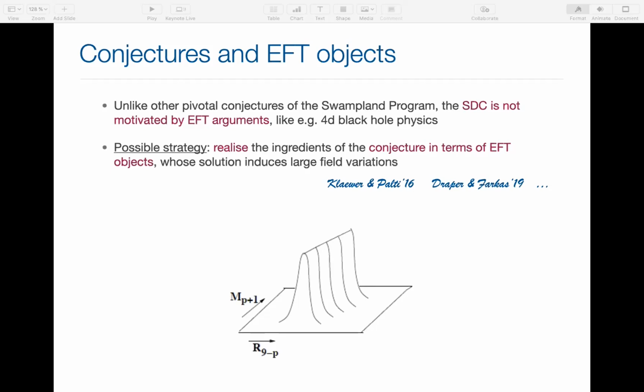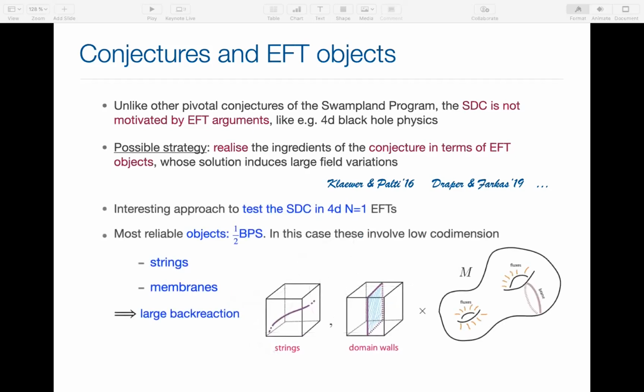This has been proposed even in the context of the Swampland conjecture. Here, the novelty is that I am going to look at objects that are 1/2 BPS in 4-dimensional compactifications with 4-dimensional EFT with minimal supersymmetry. This means that I will look at strings and membranes, because these will be my 1/2 BPS objects.